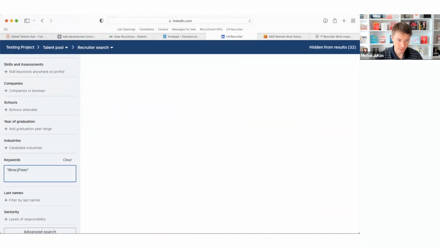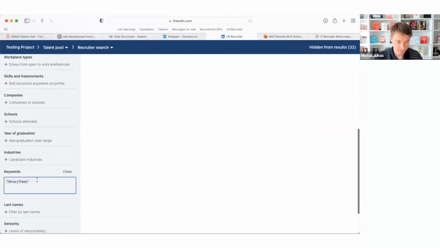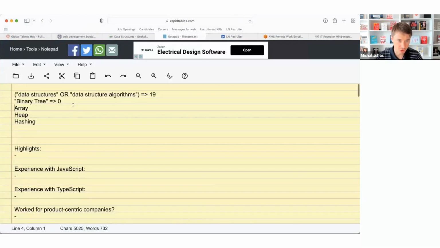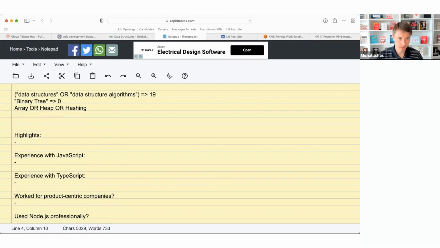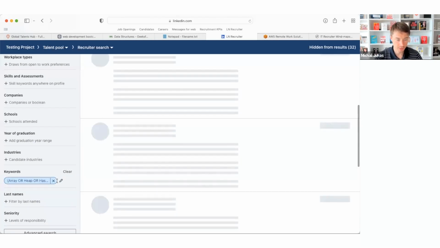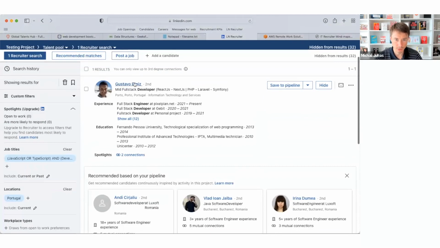Let's try it together. No one. Okay, we don't get discouraged by any means. How about array, heap, hashing? Array or heap or hashing. These are some of the algorithms. One person. Okay, not that many, right?